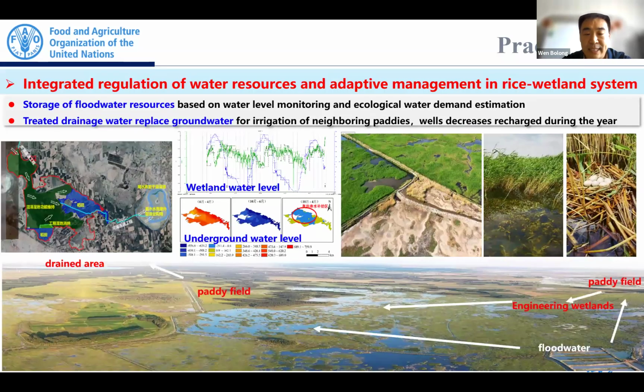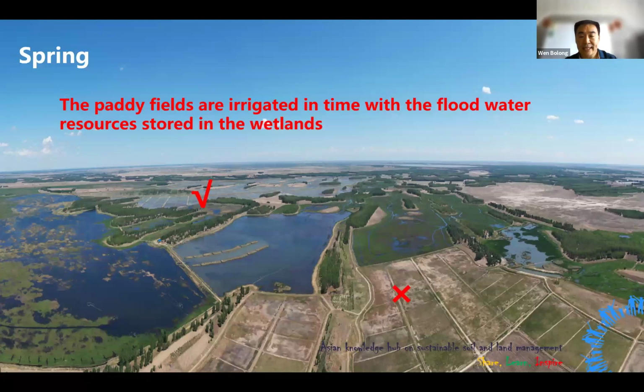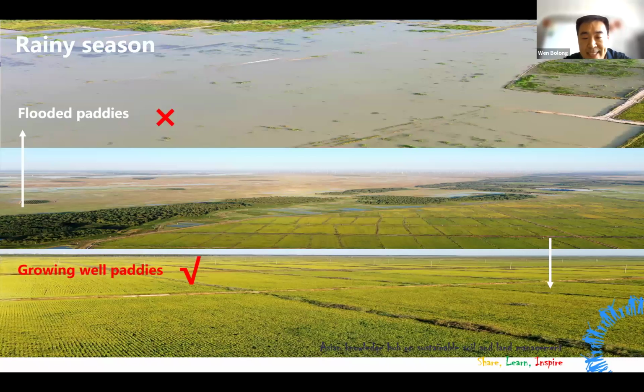We use the natural and restored wetlands to regulate flood resources and ensure regional water security. In spring, the paddies are irrigated in time with the flood water stored in the wetlands. And in the rainy season, water is stored in wetlands to protect rice from flooding.